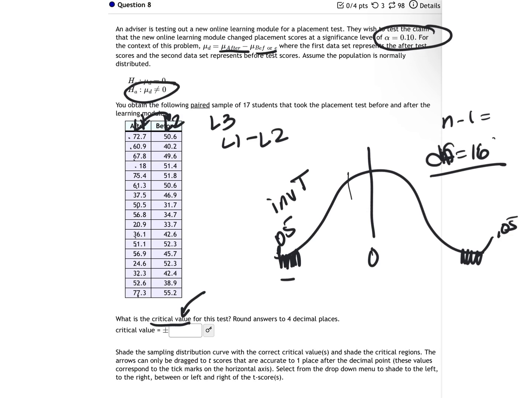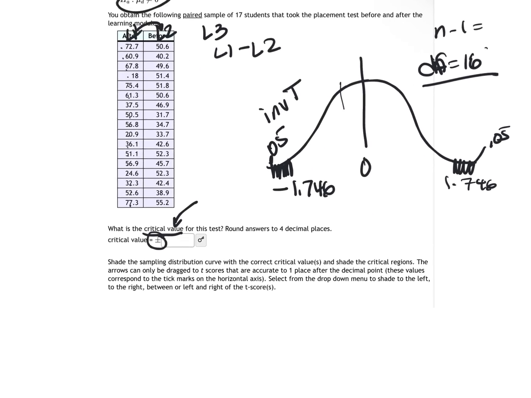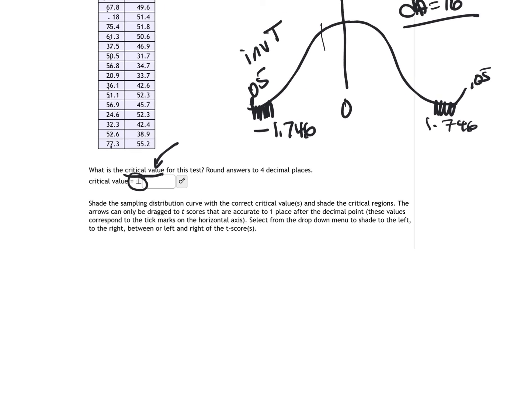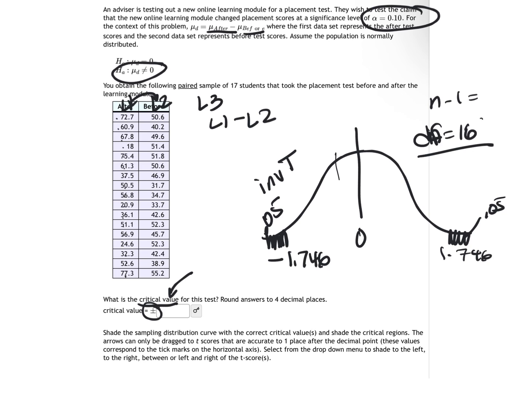And I get negative 1.746. Okay. So that's the number that's going to go here, not the negative. You can just put positive because it already has a plus and minus here. And this is a symmetrical curve. So that helps us there. So this is our critical value to 4 decimal places.